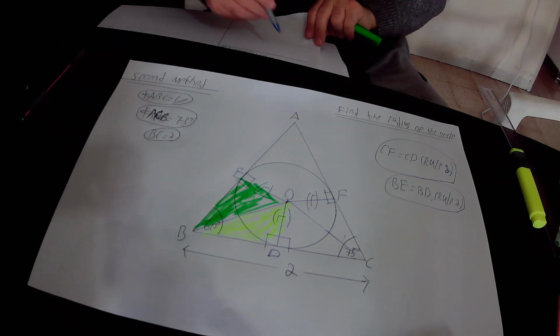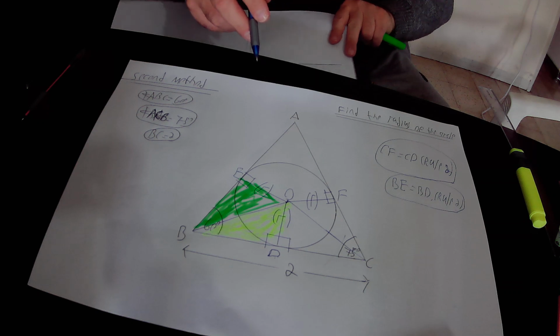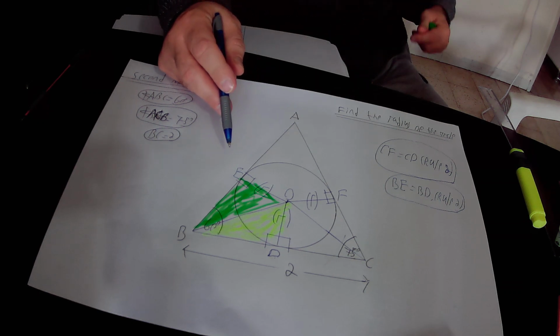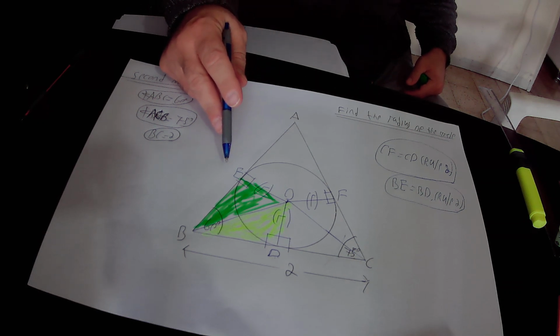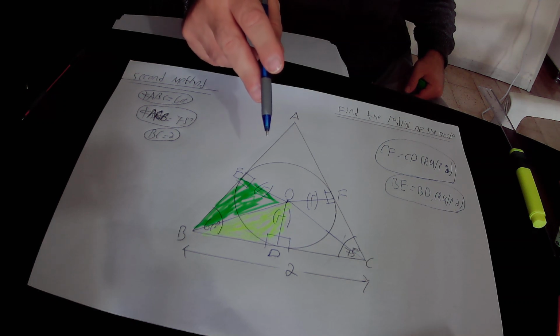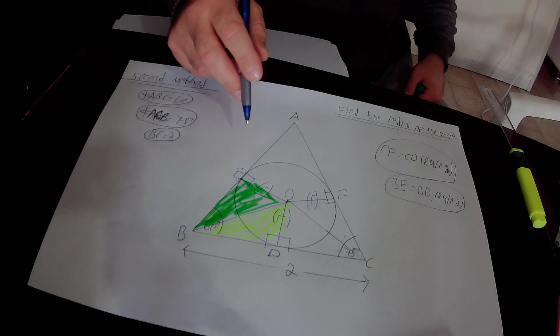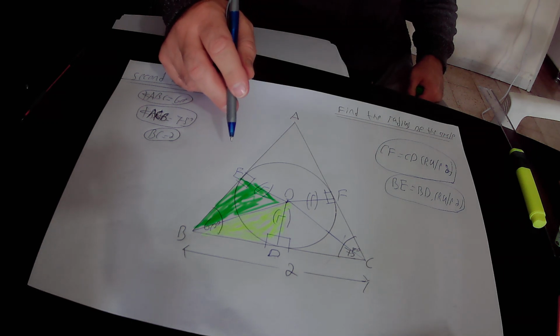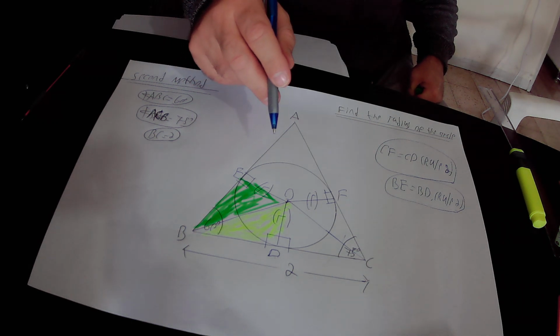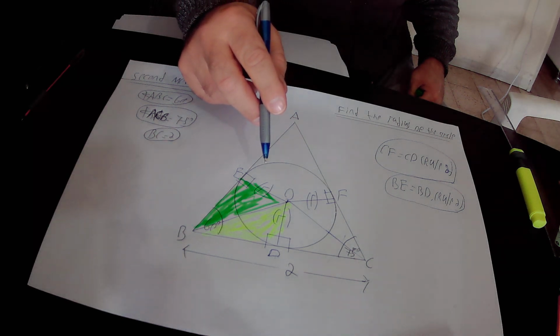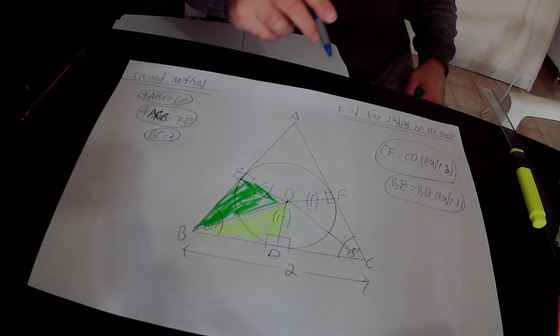So we proved that all three sides of the green right triangle EOB are correspondingly equal to all three sides of the yellow triangle BOD. Therefore the green triangle EOB is congruent to the yellow triangle OBD according to the side rule.